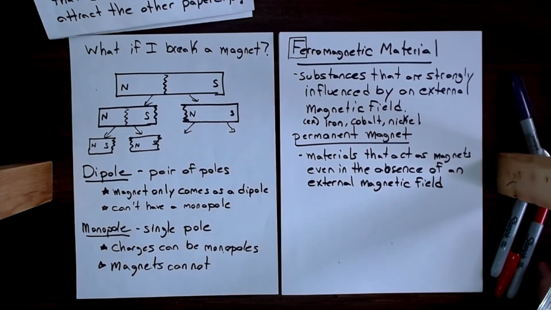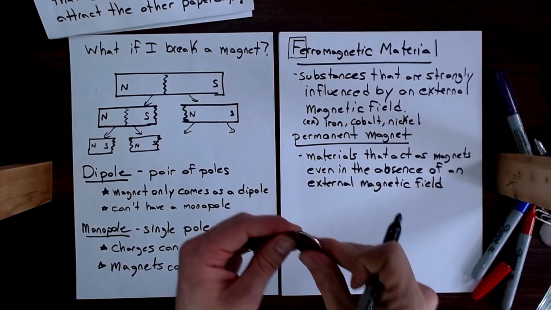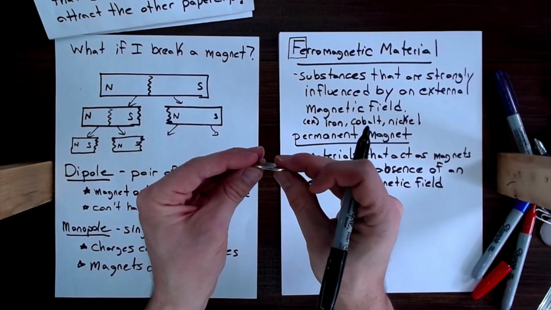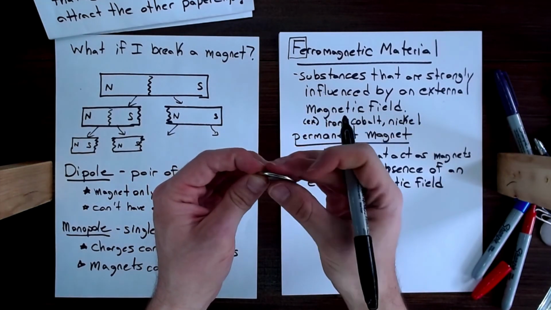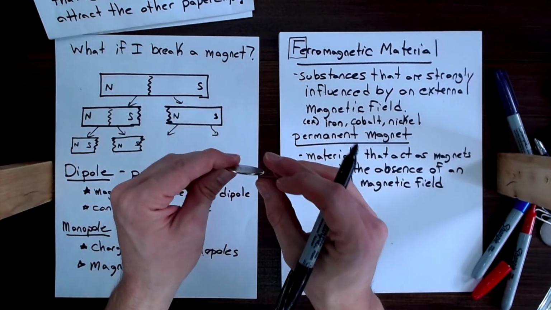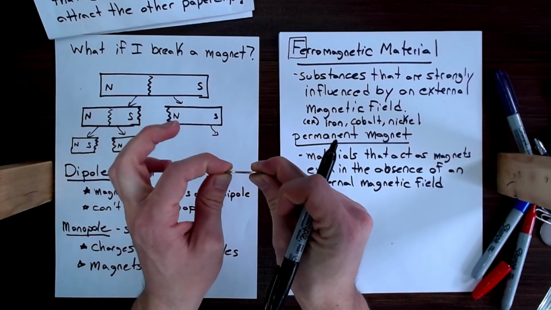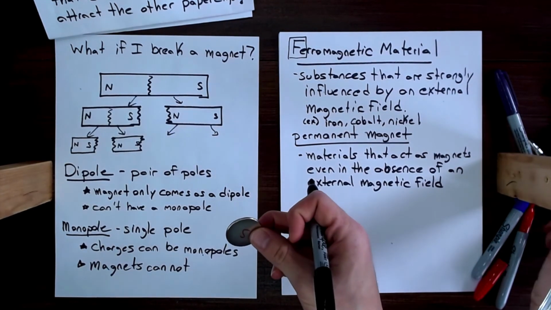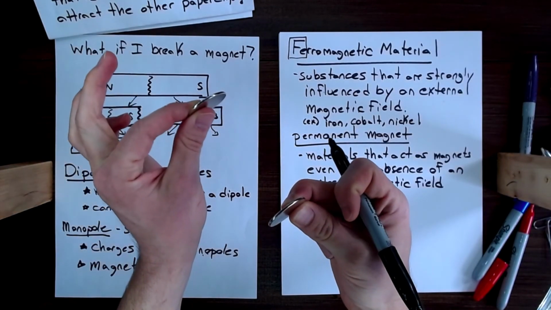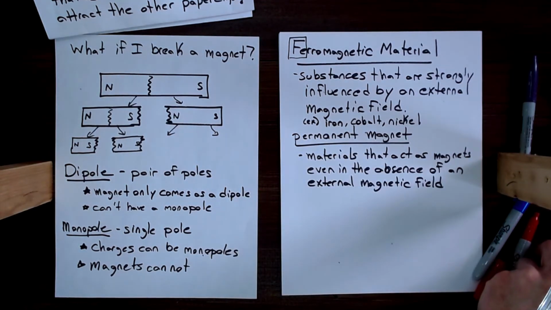Wording that a little bit differently, since we haven't talked about those magnetic fields yet, what I'm saying is that this neodymium, which has a magnetic field of its own, it has a magnetic influence around it, just like a charge has an electrical influence around it. This thing doesn't require there to be another object. So this neodymium is still a magnet even when this one is absent. It's always going to act as a magnet unless I change its properties.